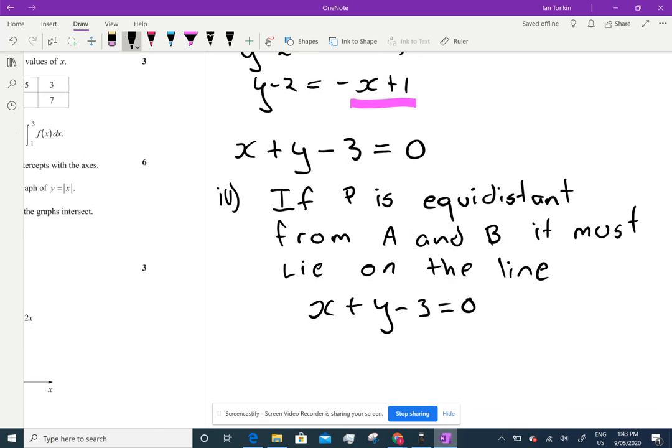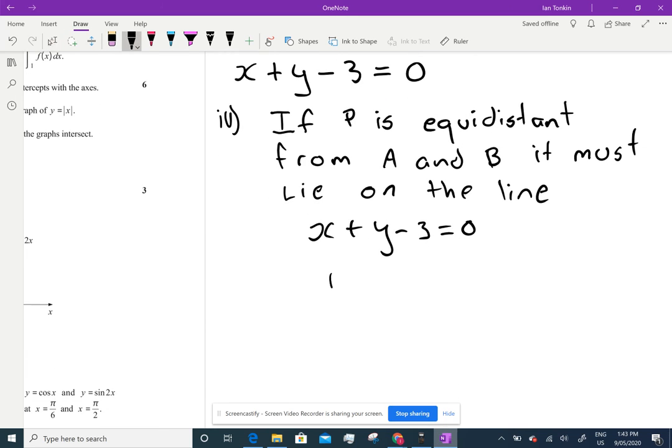But it also lies on the line y equals 2x minus 9. Now this is what we're going to be doing next in our next unit. So don't worry too much.